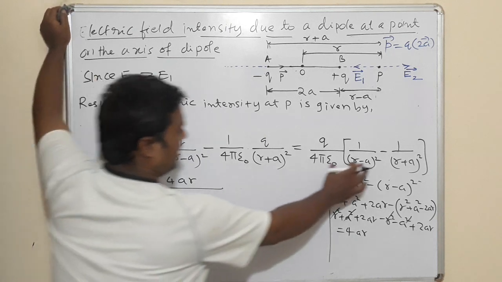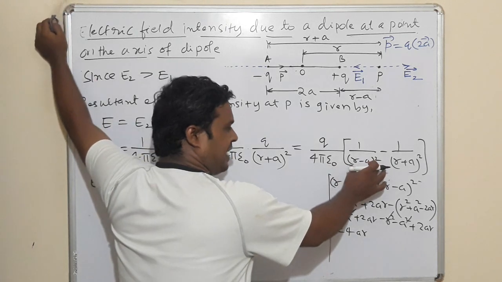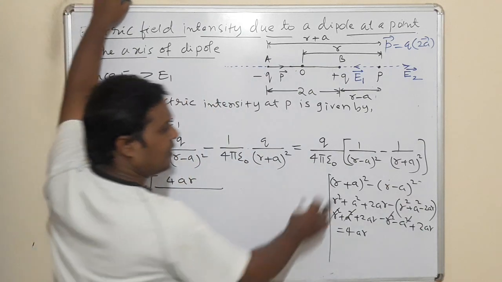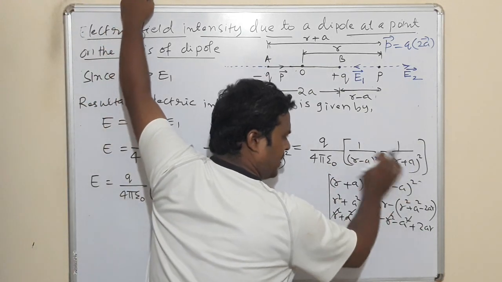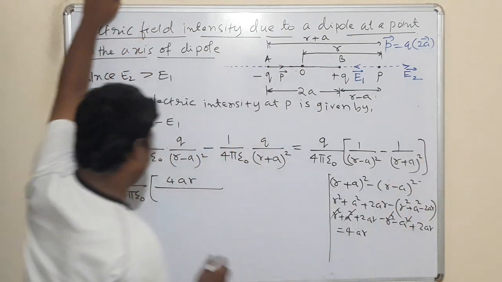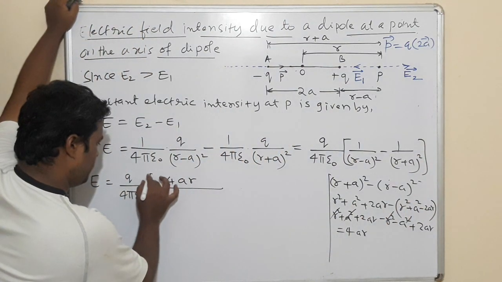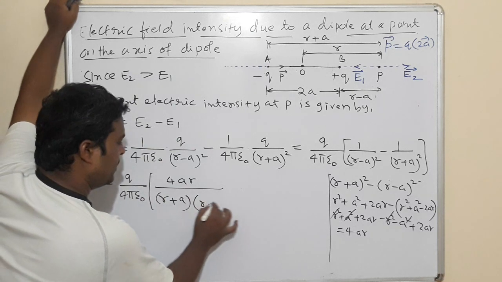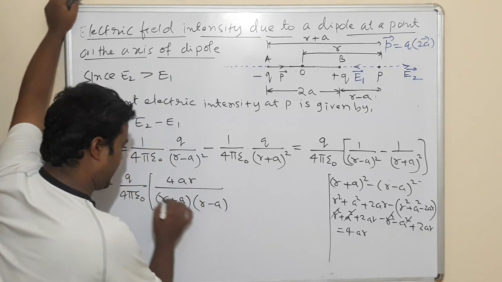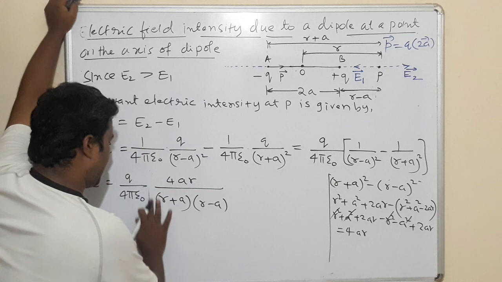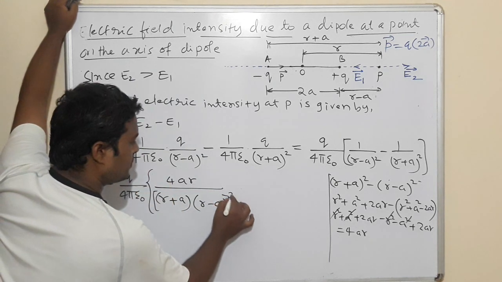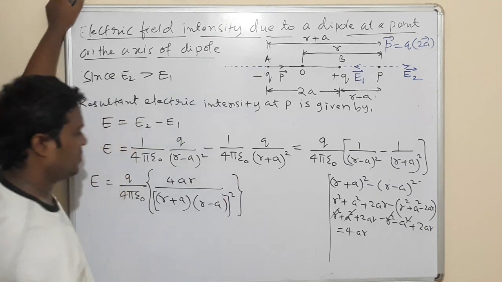Then what will be here in the denominator? This will be r plus a whole square into r minus a whole square. Then I will take r plus a into r minus a, and put the square commonly to both. Follow this?